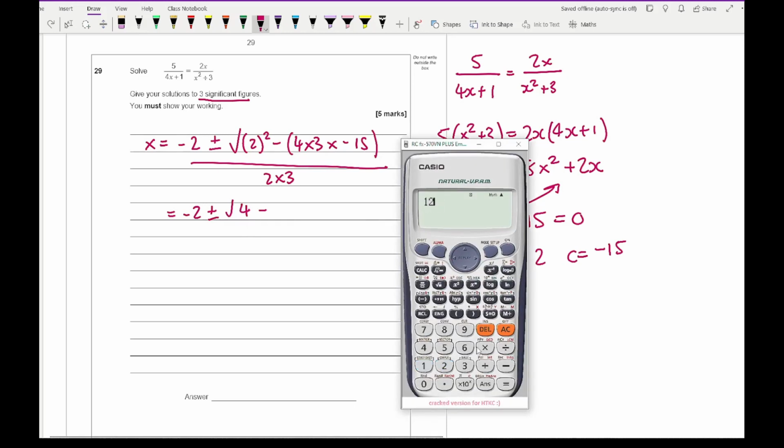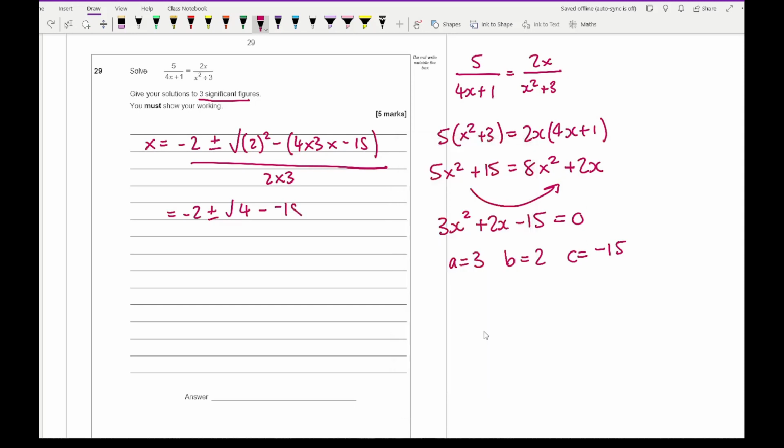Just check, so 12 times minus 15 equals minus 180, all over 6. So that becomes minus 2 plus minus root 184 over 6. So that's what I want to type into my calculator.